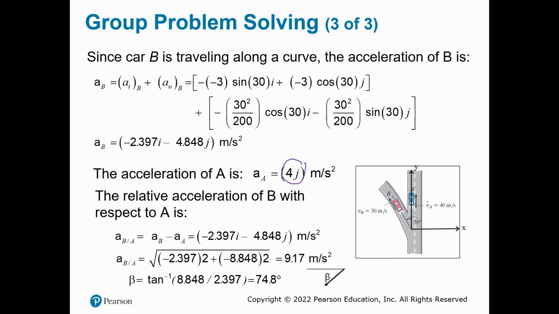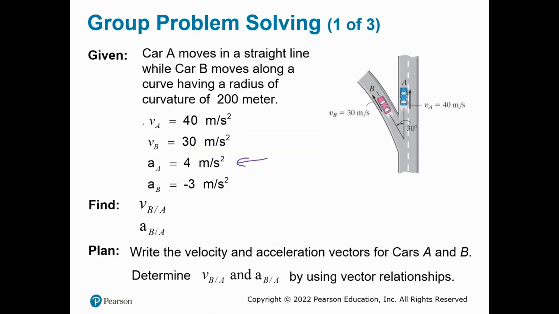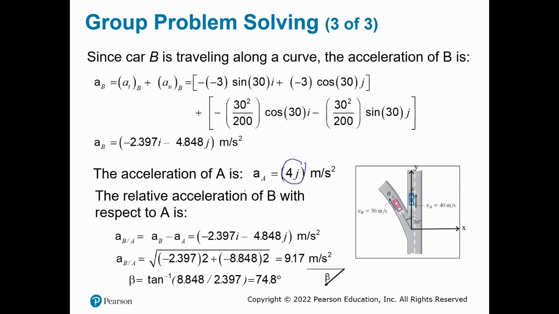AB is slightly more complicated. There is the normal component and the tangent component. We know that we have a negative 3 right here, which is the tangent component. We're going to break that negative 3 into sine 30 on the i and cosine 30 on the j. Now be careful with the direction. Again, in the second quadrant, we have a negative sign on the x component and a positive sign on the y component.